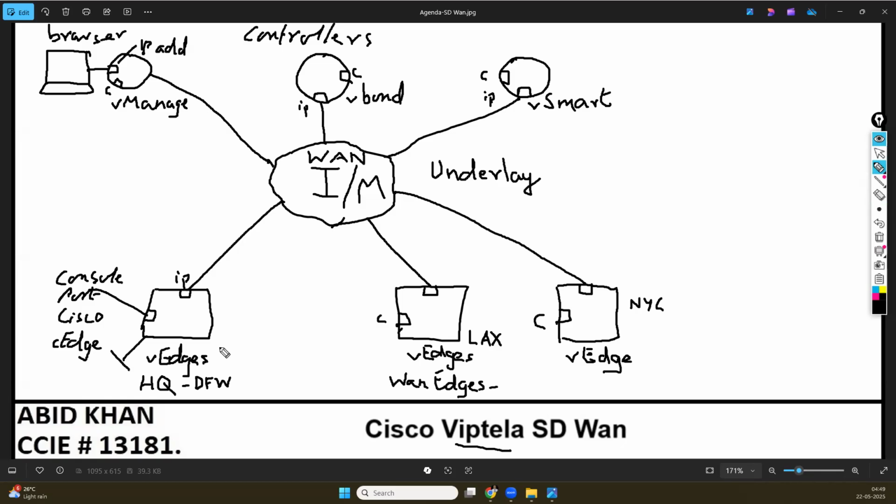Every router will have a LAN. There can be a single LAN, or there can be multiple LANs behind every router. And in this LAN, basically, in headquarters, maybe you have servers. There could be servers.